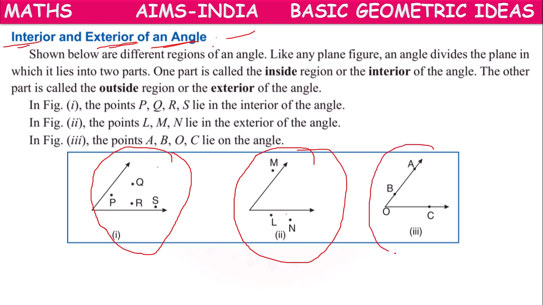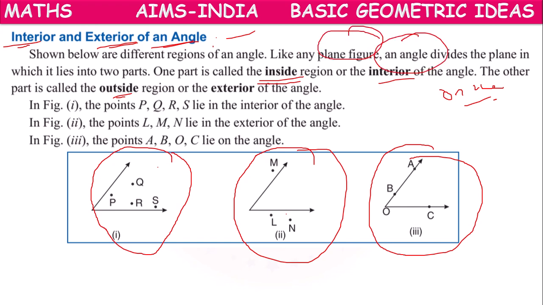Based on the location of the points, we can tell whether they are inside the region, outside the region, or on the boundary. So like any plane figure, an angle also divides the plane, suppose this is the plane, into three parts.